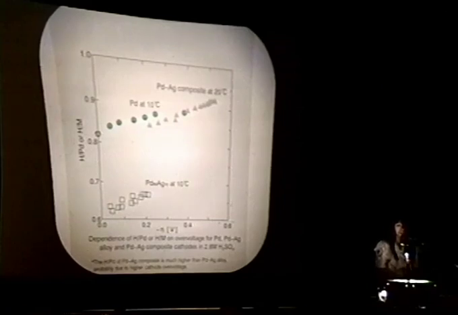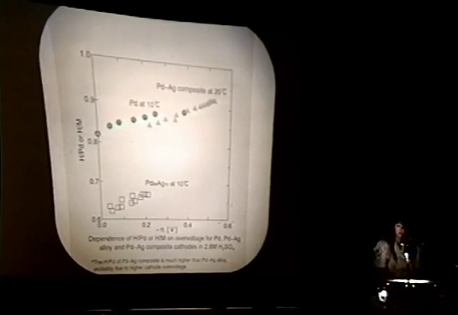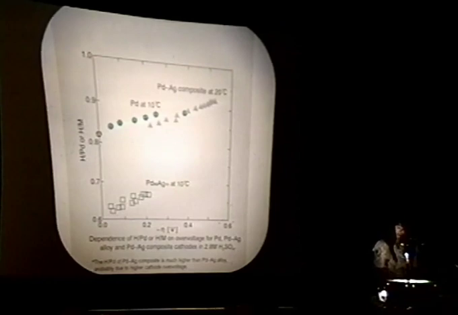The black triangles are H/Pd on palladium silver composite. The open squares are H/N on palladium silver alloy. The H/Pd of palladium silver composite is much higher than palladium silver alloy, probably due to higher cathode overvoltage.